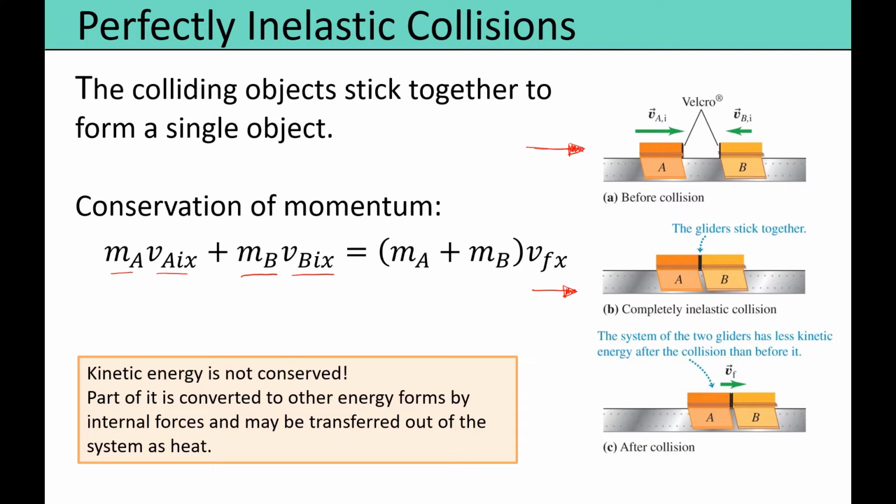So the total mass of the new object will be the sum of the masses of the two separate objects, and since these objects move as one single object, they will have the same velocity that we can represent as the final velocity. So this is the equation for perfectly inelastic collisions that happens when objects stick together after they collide.